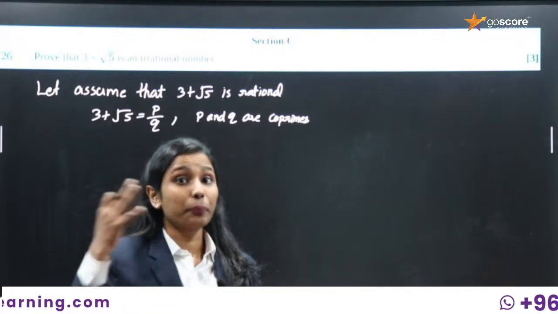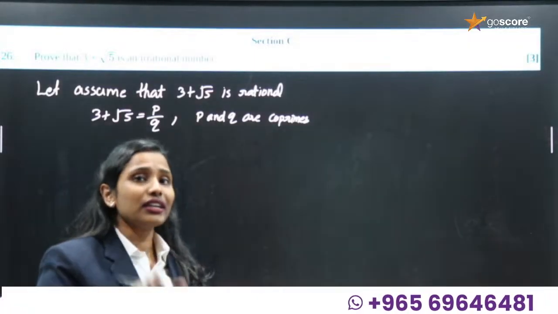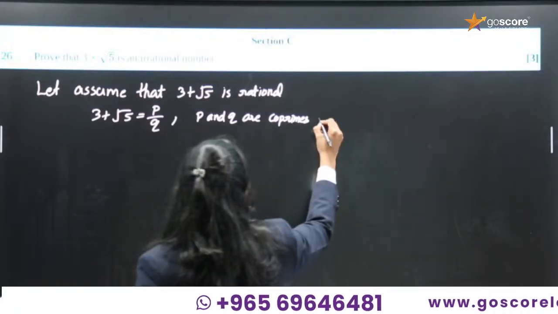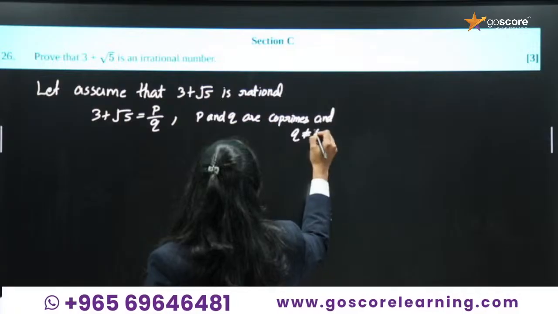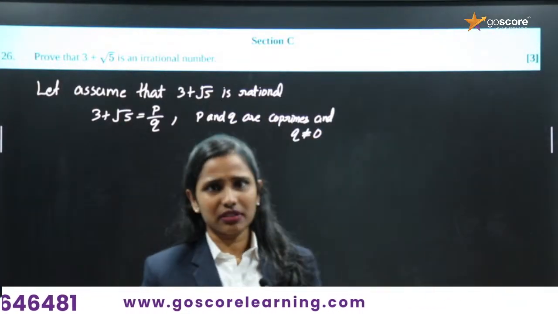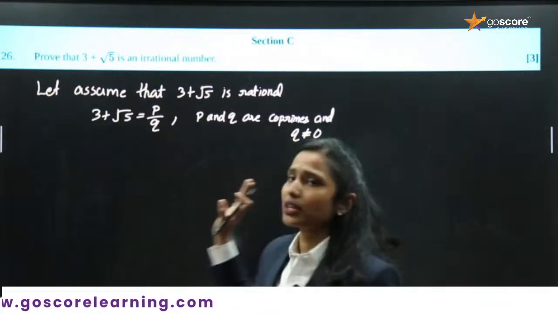Both of these numbers p and q have only one common factor, that is 1. So p and q are co-primes and q not equal to 0. Why? If q equals 0, then division by 0 is not possible, right?